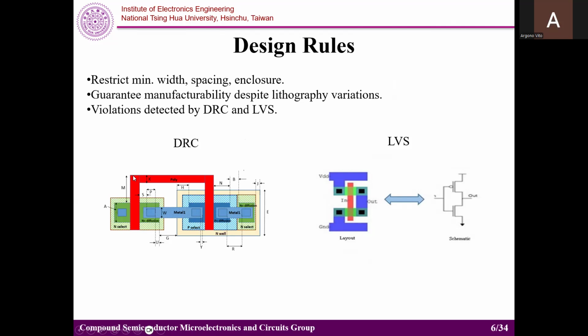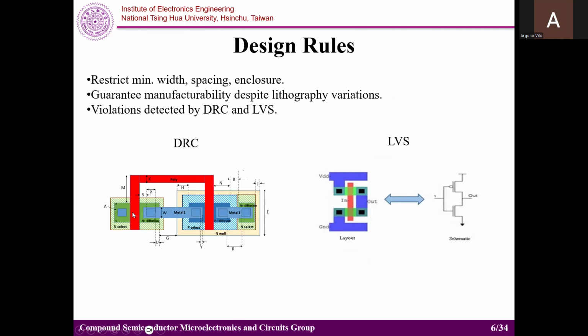Since we are using the 0.18 process, the gate width, the minimum width, is 0.18 micrometer. If you draw less than that size, the DRC won't pass.